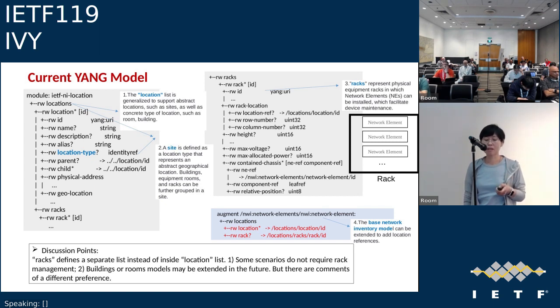And lastly, we also extend the base inventory model with the location. It could have a location list, and it can also reference a rack. Now, we have discussed this location model quite a while, but the discussion is still ongoing.